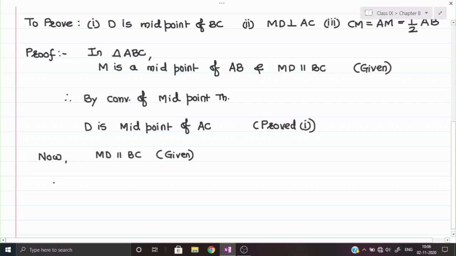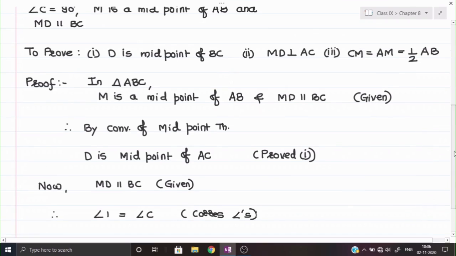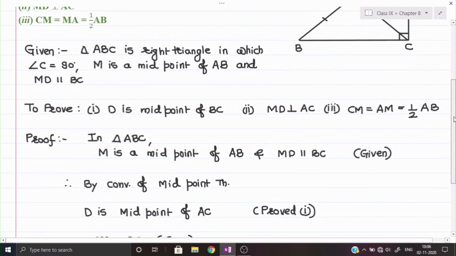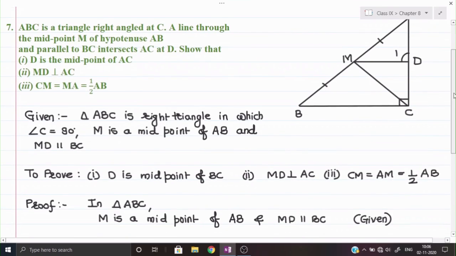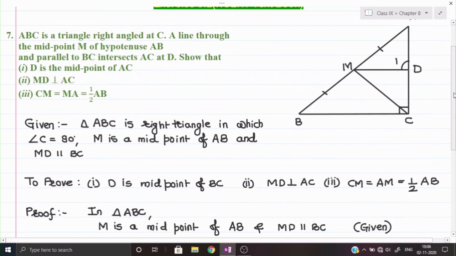Therefore we can say that angle 1 is equal to angle C, and that is with the help of corresponding angles. Okay, so angle 1 and angle C are equal, right? As you can see, both are corresponding angles. Okay, once we can see in the figure, angle 1 and angle C, as I have explained you earlier, these two are the corresponding angles on the parallel lines, and hence they are equal.